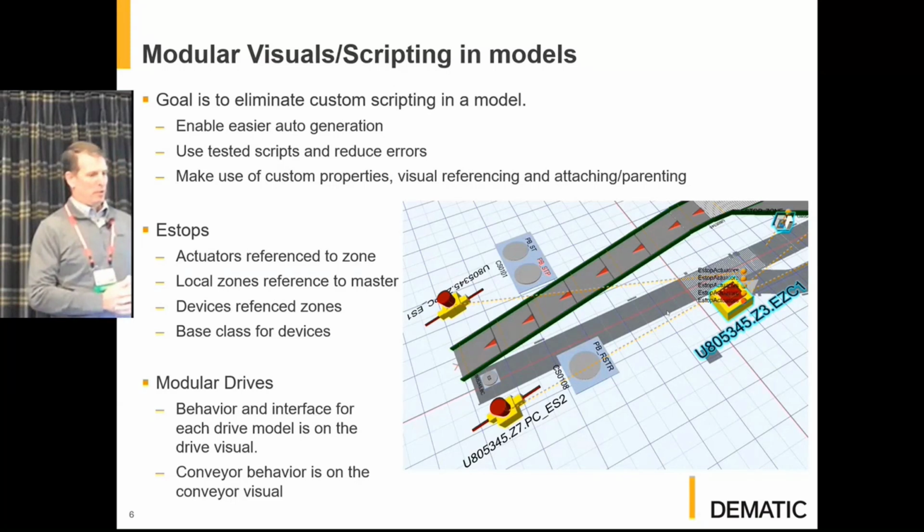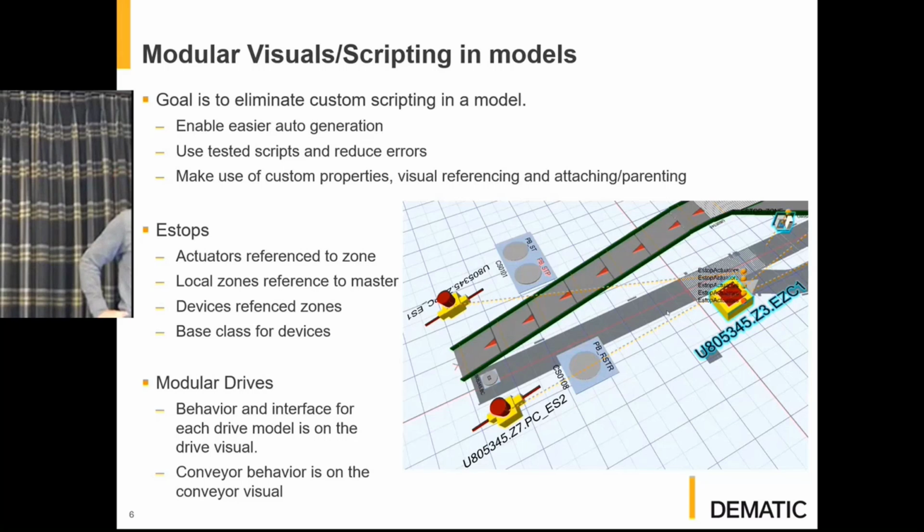to operate. So what we did was start to redesign our catalogs so that the scripts are modular. We would have a script for a photo eye that is connected to this conveyor, and it would know how the conveyor needs to operate. The main reason was to make it easier for auto generation.